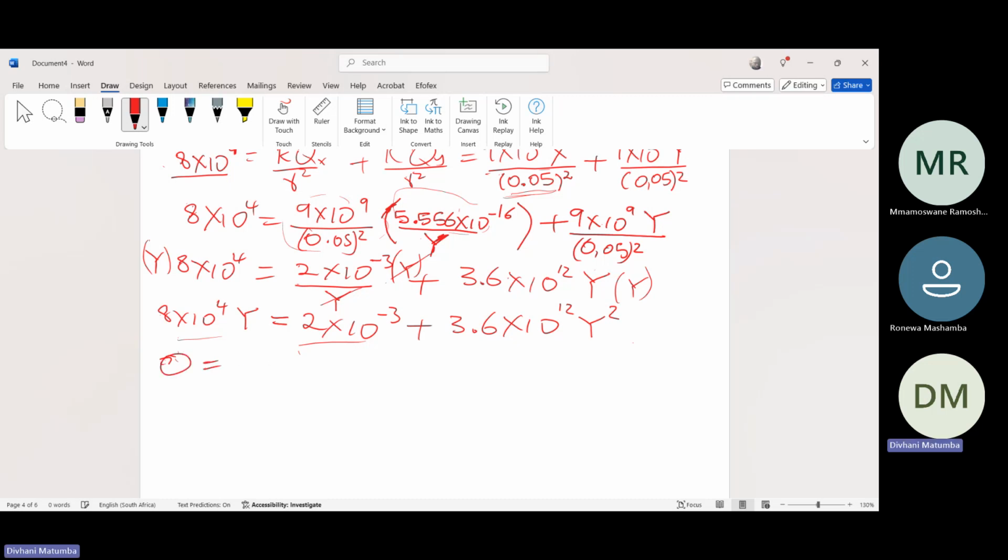We will have 0. I'm just going to take this portion to the other side, to be 3.6 times 10 to the power of 12 y squared minus 8 times 10 to the power of 4 y plus 2 times 10 to the power of minus 3.